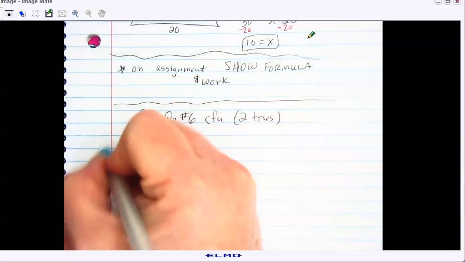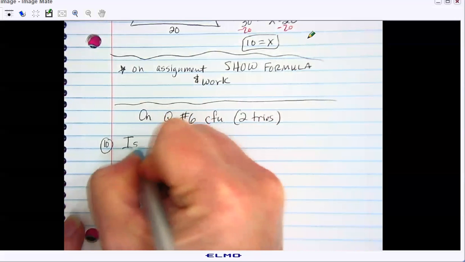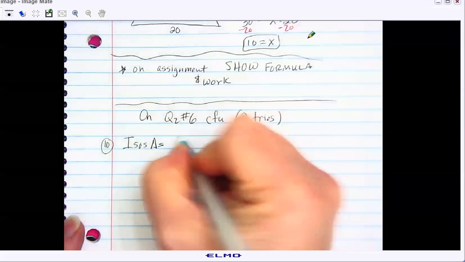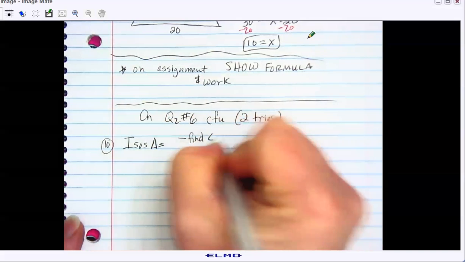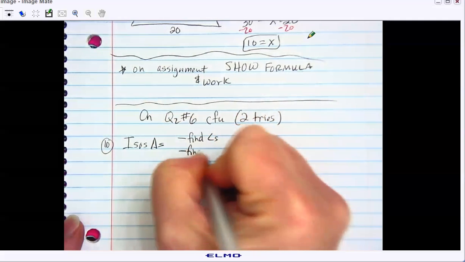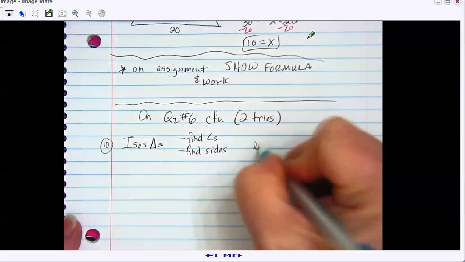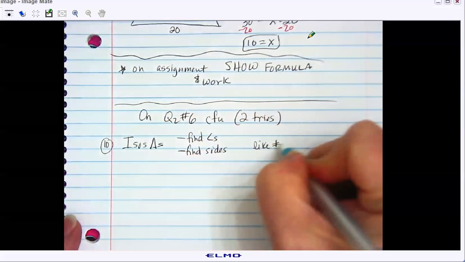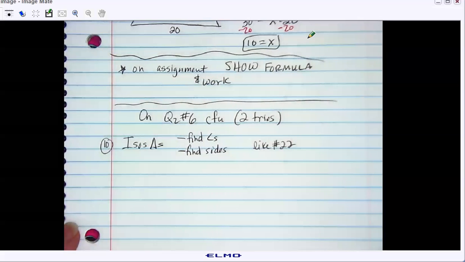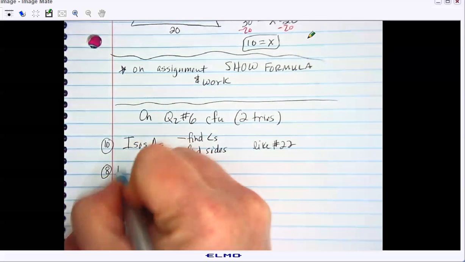So you have 10 isosceles triangle problems. You have some that you have to find the angles, and some that you have to find the sides. This is like assignment number 22. And you have 8 parallelogram problems.